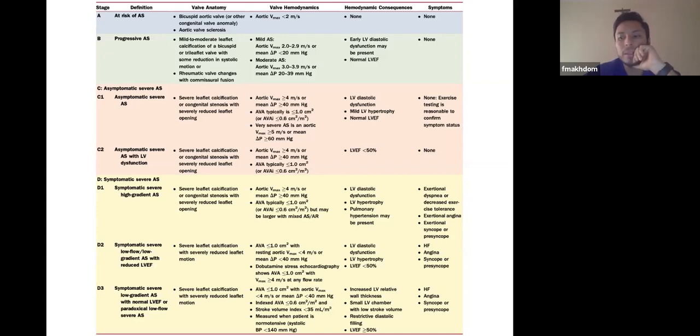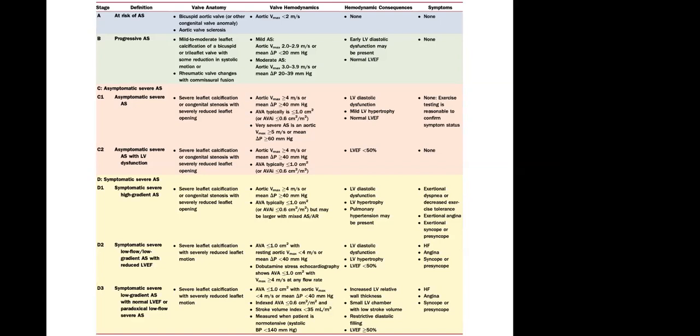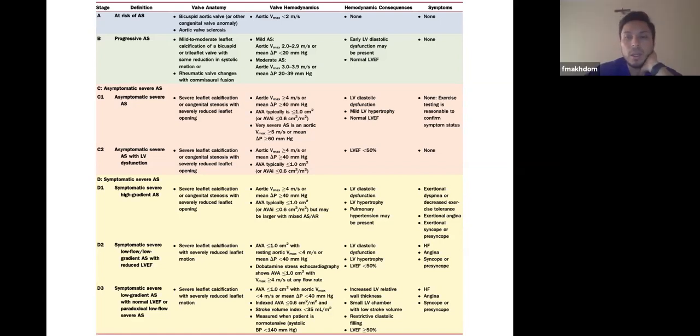Stroke volume index. 70 ml stroke volume. But there's a different stroke volume between male and female, big person, small person. So 70 is not a fixed number. It's stroke volume indexed to body surface area. What's the number?